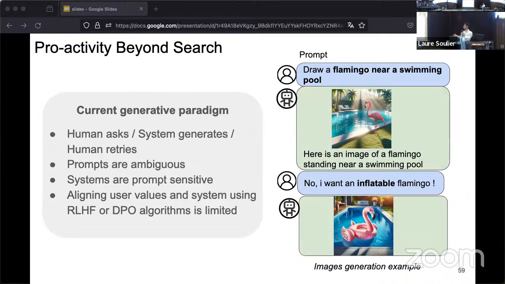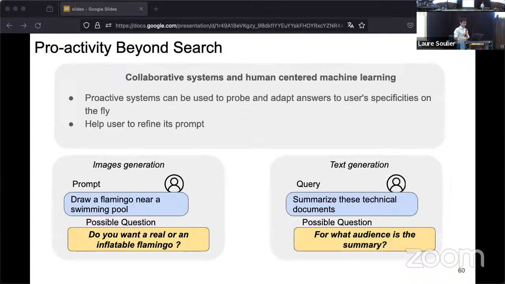So it makes algorithms such as RLHF or DPO limited in fully adapting to users' needs. A proactive system can be used to adapt answers to user specificities on the fly and help them also refine their prompt.